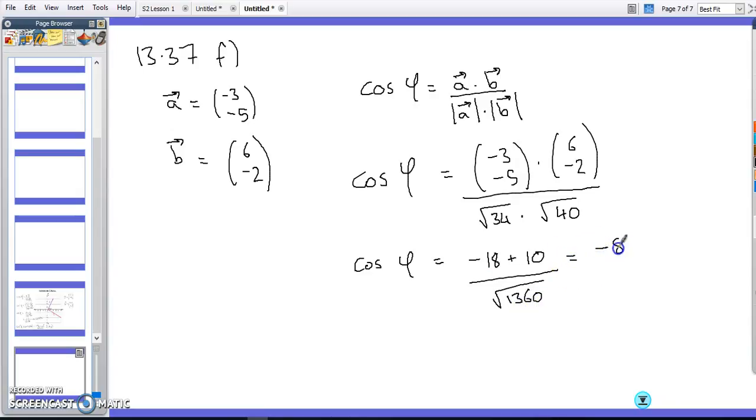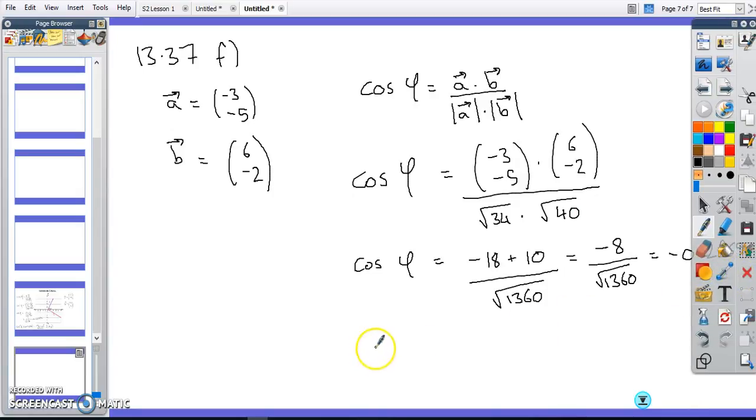So I have -8 over that, which gives me -0.2169 to 4 decimal places.